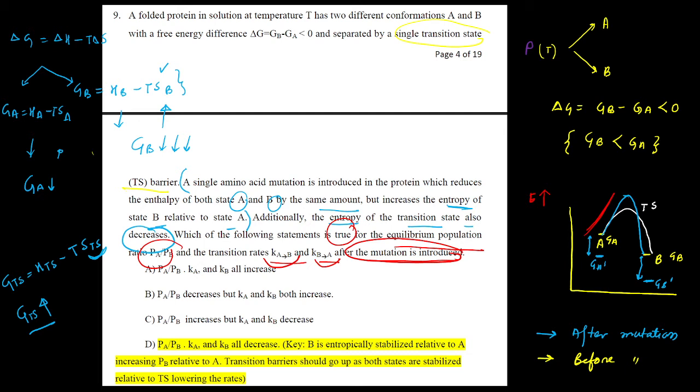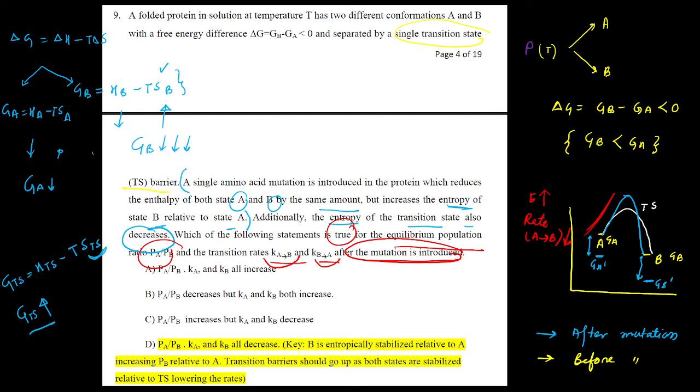So if the activation barrier has increased, we can definitely say the rate from A to B decreases after mutation. It goes well with the reverse process as well, because the transition barrier has increased. There's a jump, an increase in the transition barrier. So both the A to B and B to A process rates will decrease.